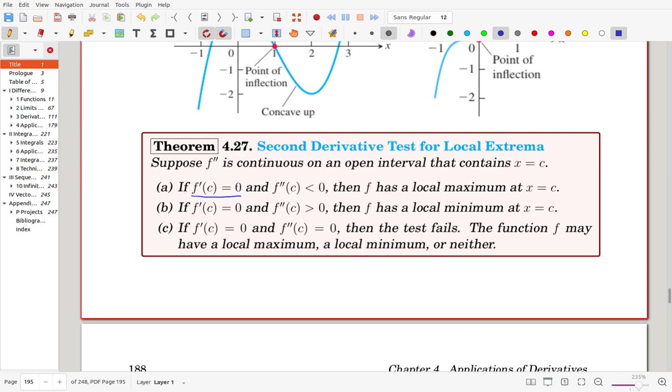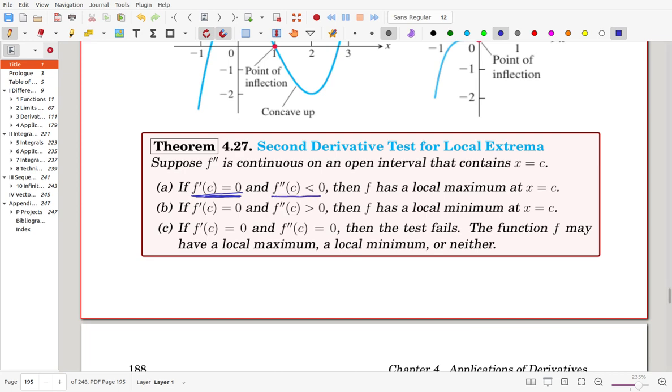That means that it is differentiable and the graph is flat at the point, so your tangent line is flat. So it can be a local maximum, local minimum, or inflection point. But anyway, here f prime is 0, so the slope is 0 at c, and f double prime is negative.